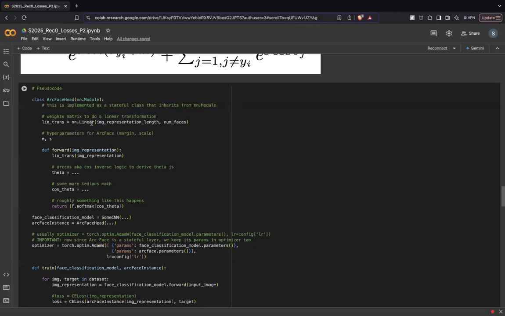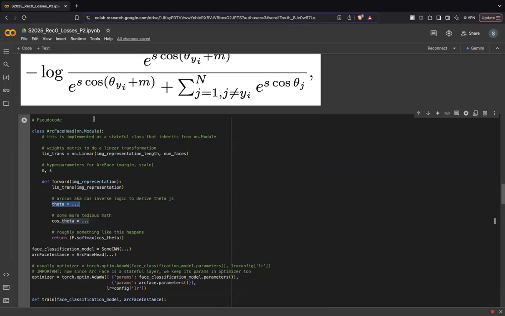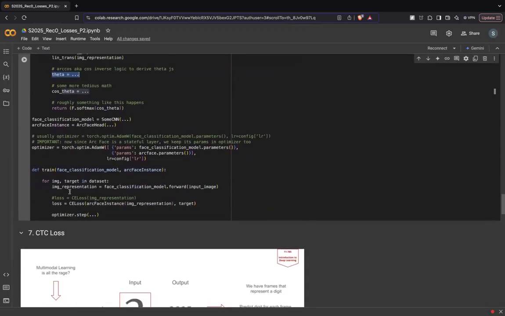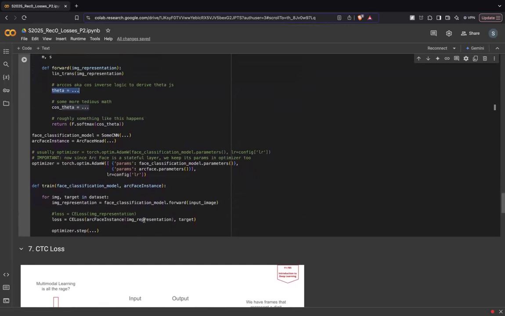So there would be a linear layer there, and then using cos inverse, you'd get the theta for the input image representation, then the cos theta and the softmax of the cos theta would give you something that's there in the formula, right? And when you're training it, you just simply pass the image representation through the ArcFace instance or layer and then compare that with the target as part of the CE loss.